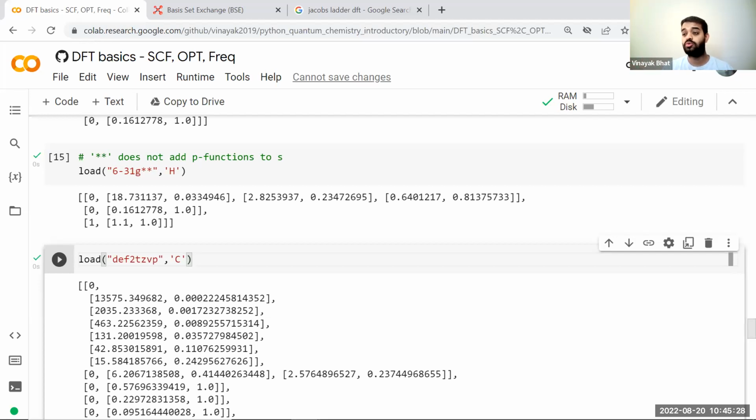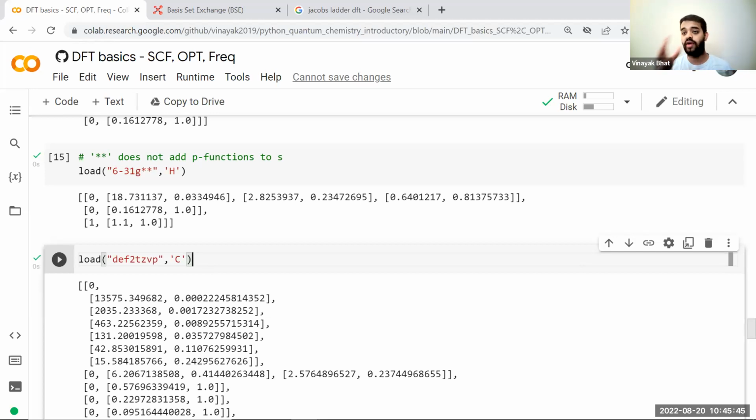But if you want more accurate estimates, you would need to use something like 3-1G, for instance, right? So just increasing the basis set increases the accuracy of the calculation that you're doing.